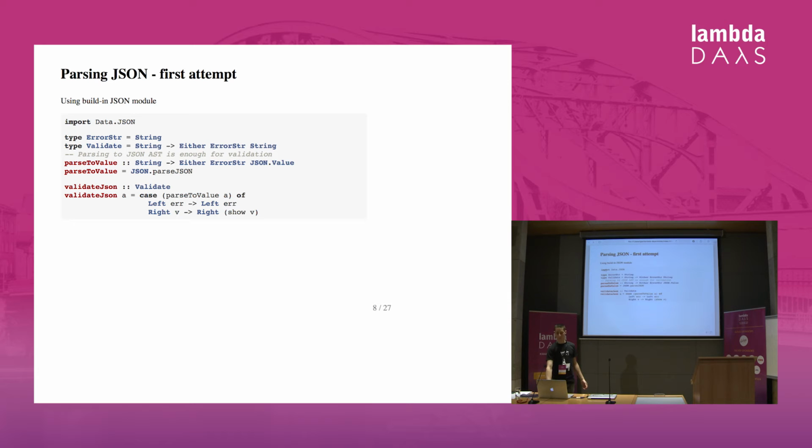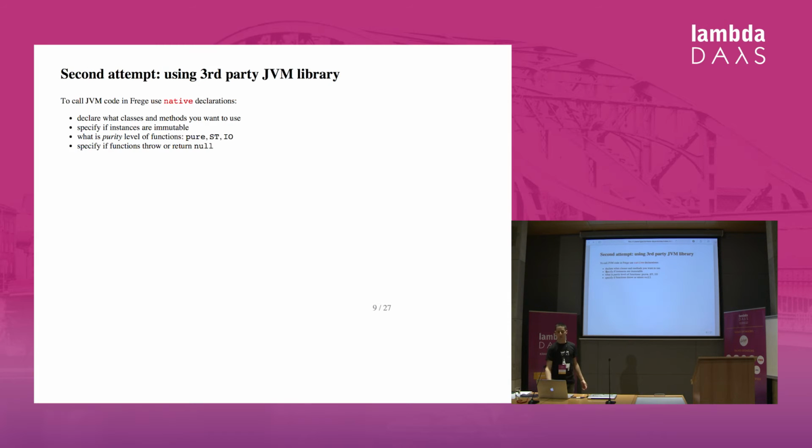So let's assume we don't have this JSON library, and we would like to use some existing code from Java, some other Java library, and in this case we'll use the JSON module. So to call the JVM from Frege, we need to use native declarations.